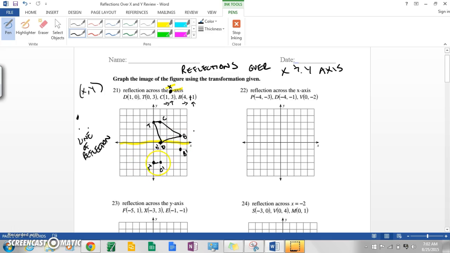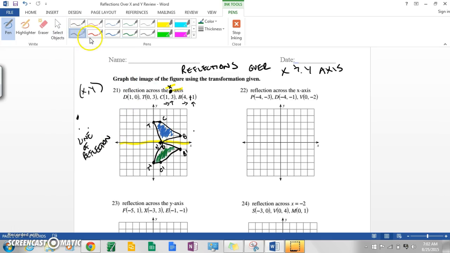I connect my points. Sloppy, I know. What we're going to end up with is an exact reflection of this shape across the x-axis down here. There's our reflection.